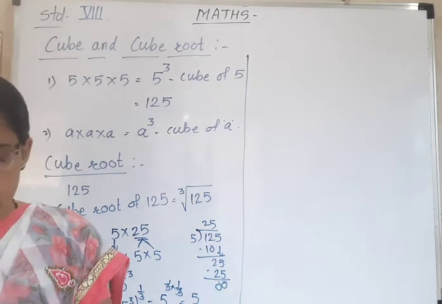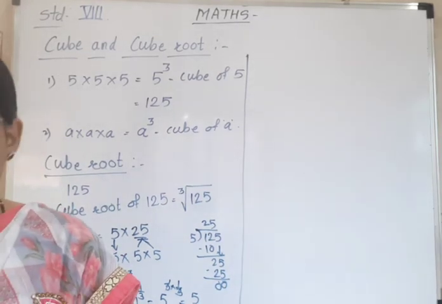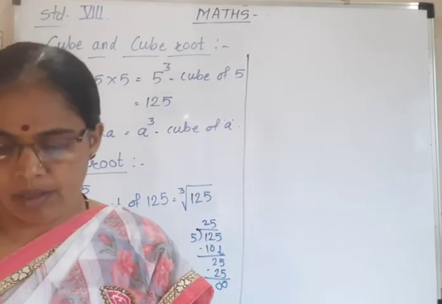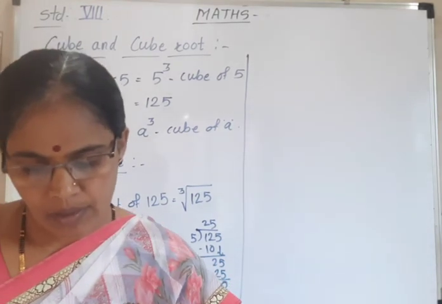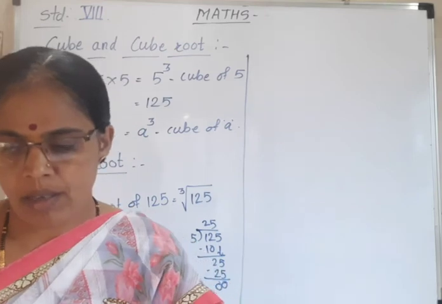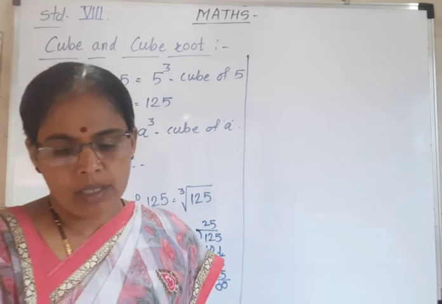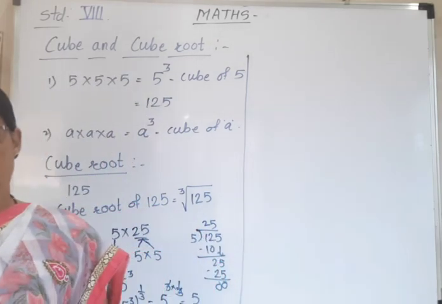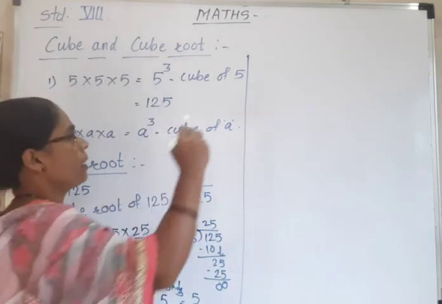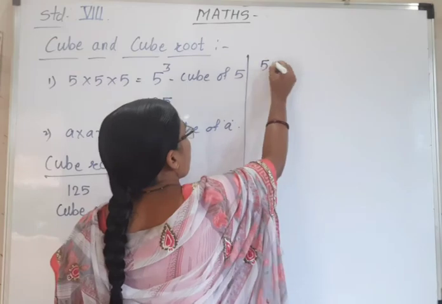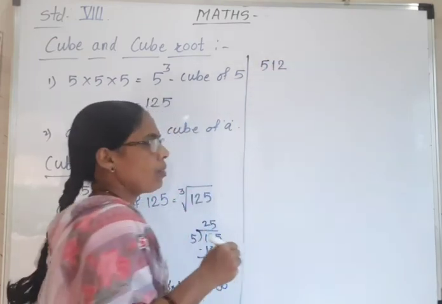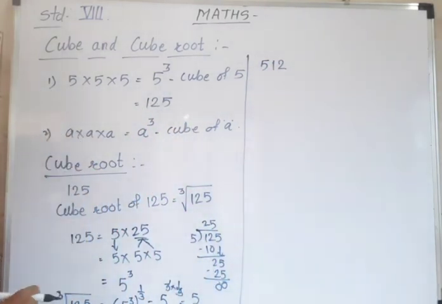So the next example is 512. We have to find the factors of 512.